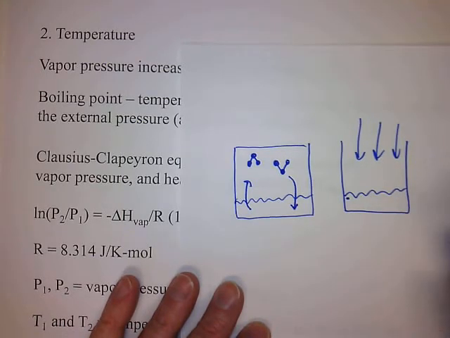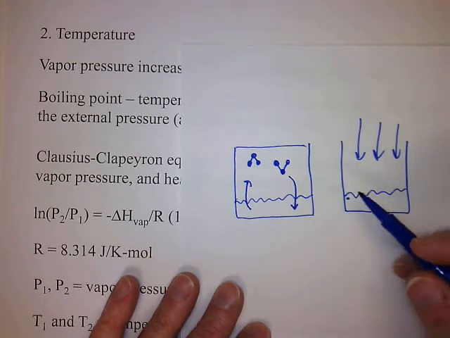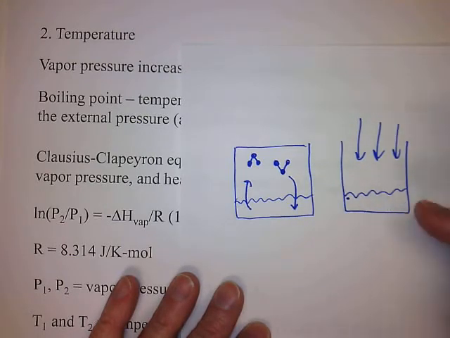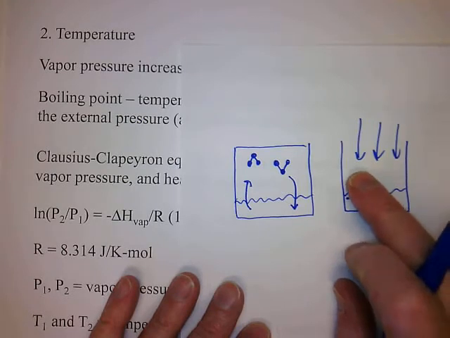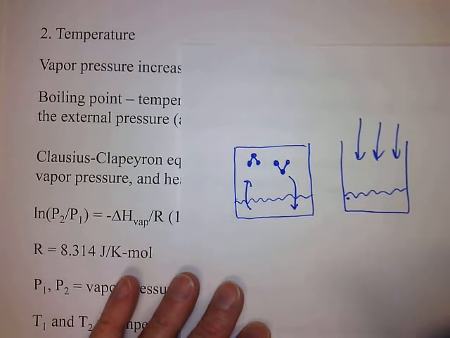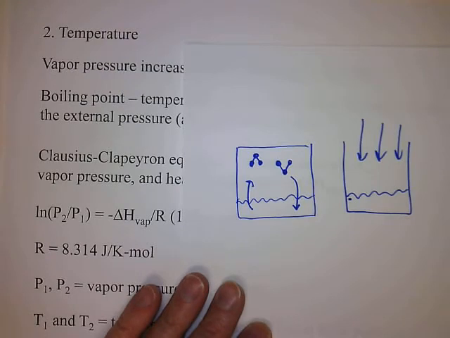Then, of course, the reverse is true. Let's say we have a sealed flask or a partially sealed flask and we start to heat it, then the pressure inside is greater than 1 atmosphere, and we can make the water boil at a higher temperature, right? And that's how a pressure cooker works.